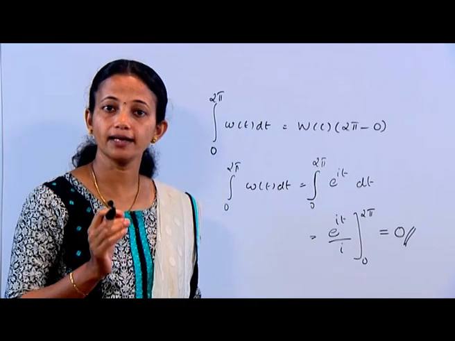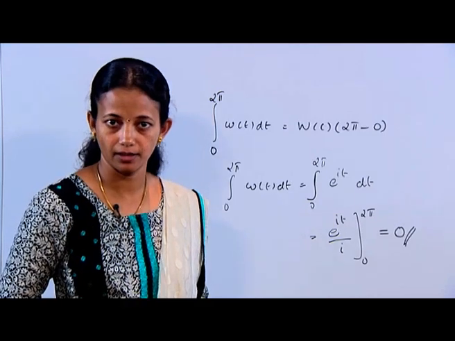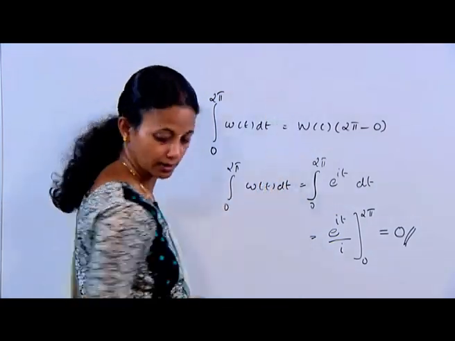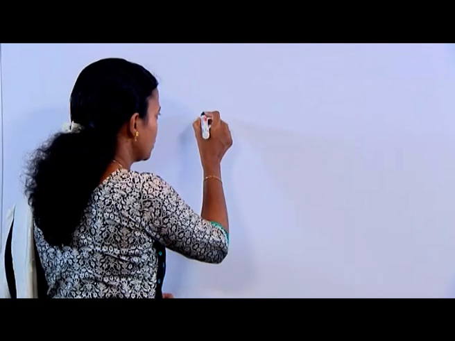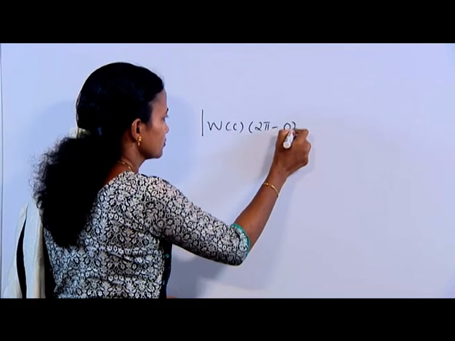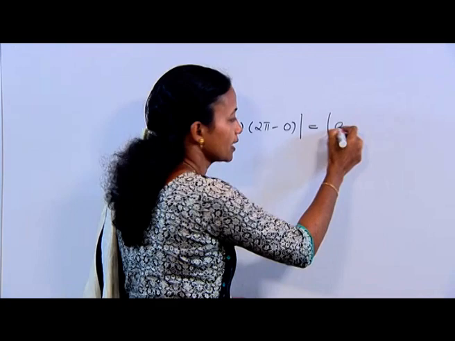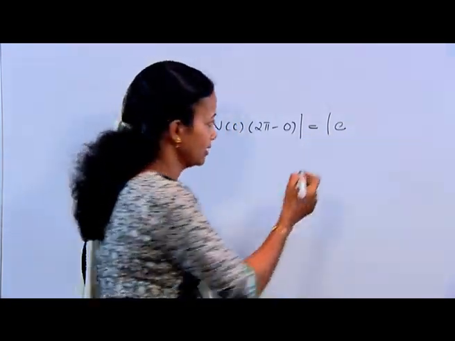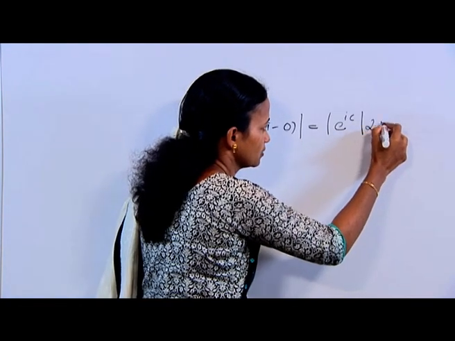But for any number such that 0 less than c less than 2 pi, we have the modulus of W of c into 2 pi minus 0 is equal to modulus of e raised to i c into 2 pi.